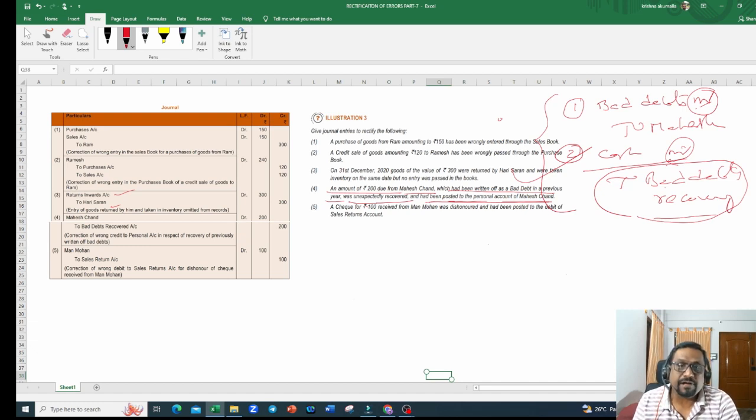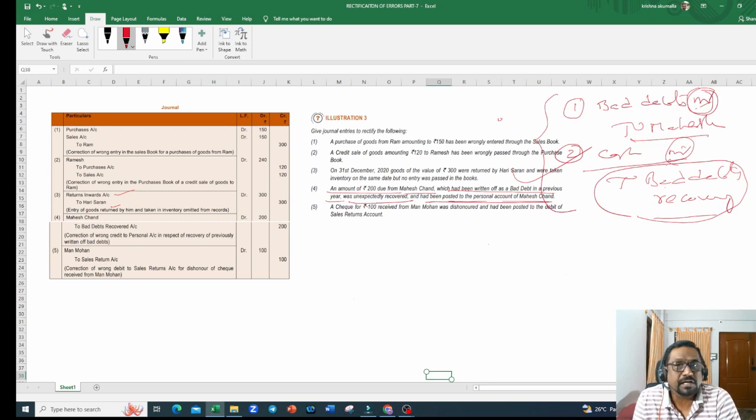How this history would have happened: when the bad debts happened from Mahesh, we would have written off that as bad debts. Bad debts is a loss to our business. Hence, all expenses and losses to be debited. So bad debts I debited. Why is Mahesh account to be credited? Because Mahesh was supposed to pay. His account was showing a debit balance because it is recoverable from Mahesh. It is an asset, so that was showing a debit balance.